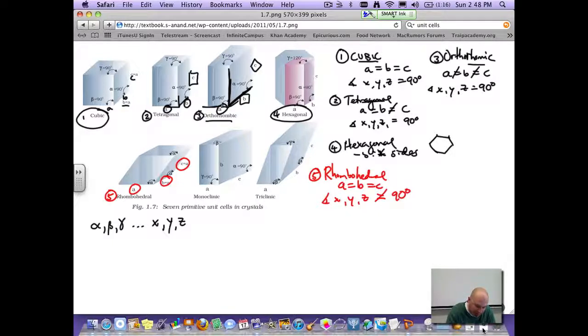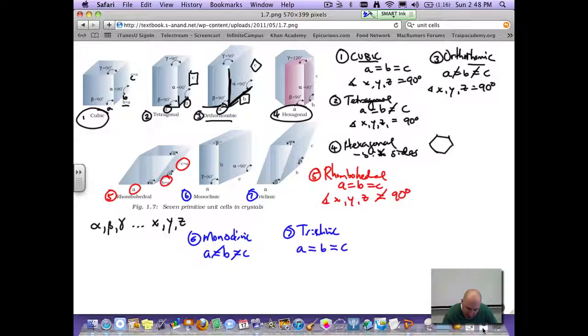These next 2 here, monoclinic and triclinic, the last 2. So monoclinic and triclinic I'll talk about together. A monoclinic, again, A, B, and C are not equal to each other. And triclinic, the same thing, not equal to each other.